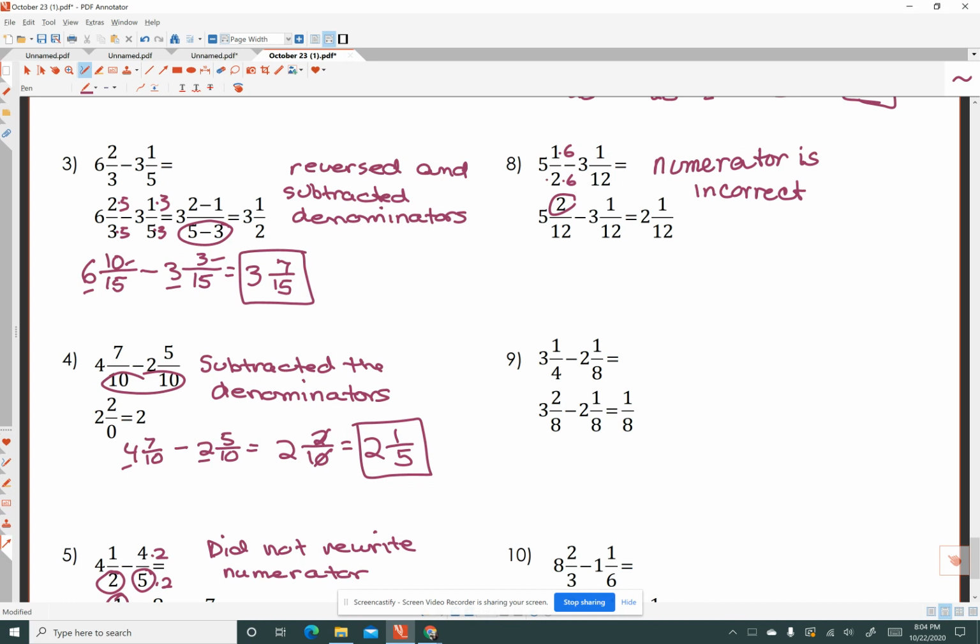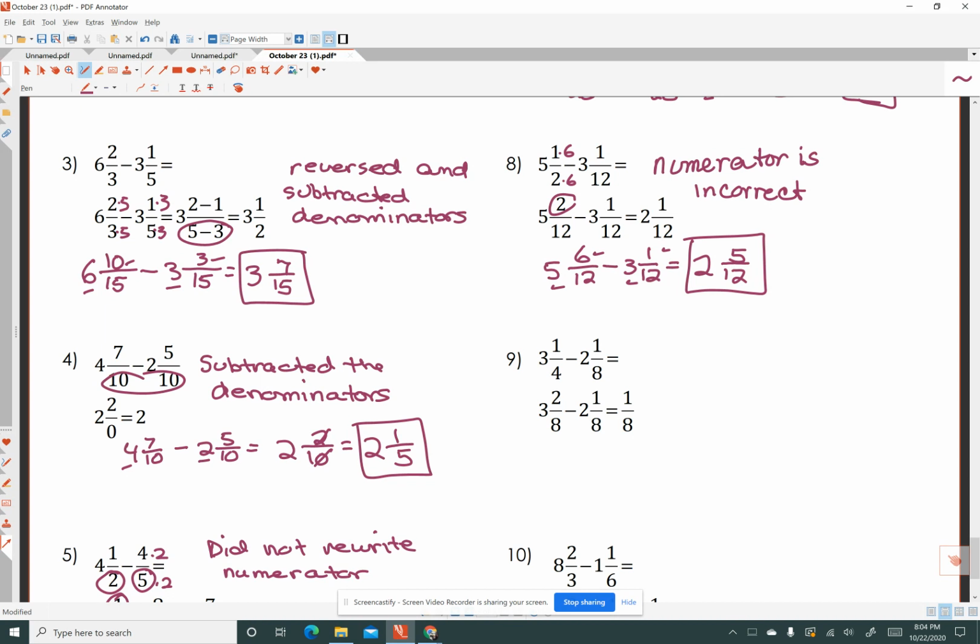So let's rewrite that. 5 1/2, if we're going to write it as 12ths, 5 and how many 12ths? Well, 2 times 6 is 12. 1 times 6 is 6. Minus 3 and 1/12, and it's all ready to subtract. 5 minus 3 is 2. We're working in twelfths. 6 minus 1 is 5, and that's a final answer.